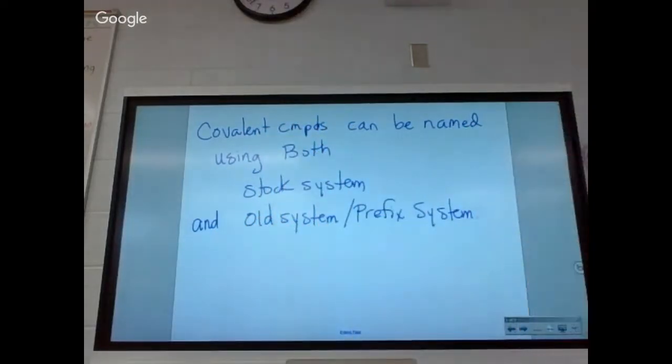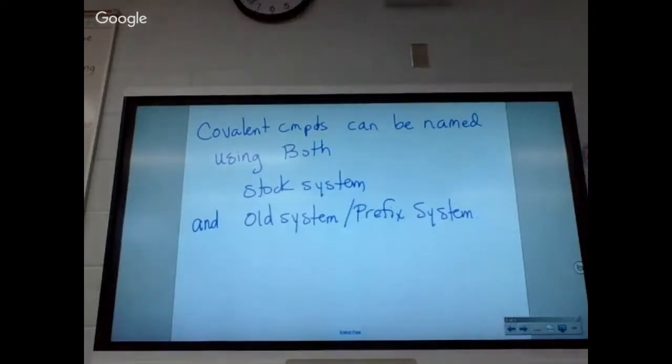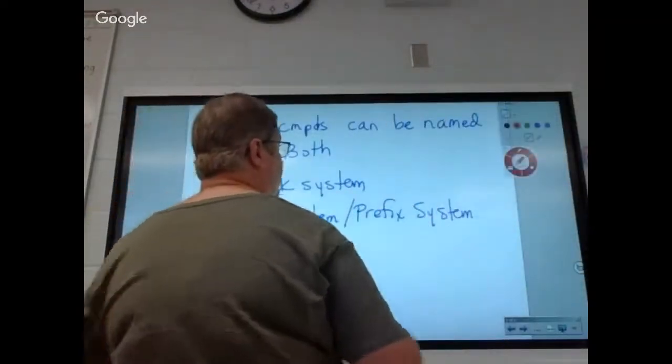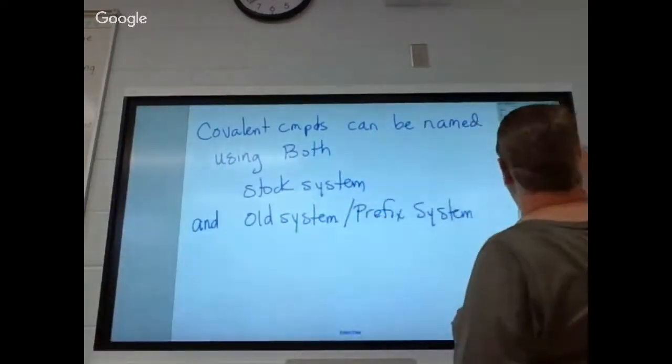Okay. Covalent compounds can be named using both the stock system and old system. So, how is this different?